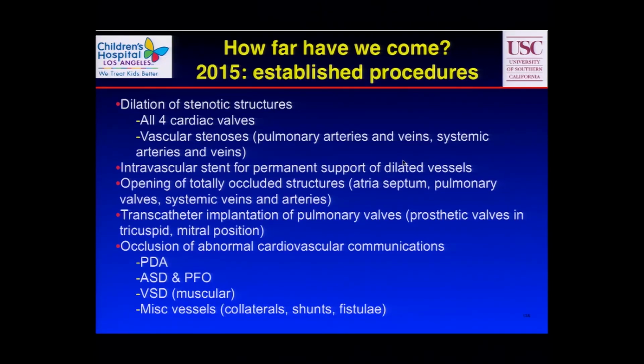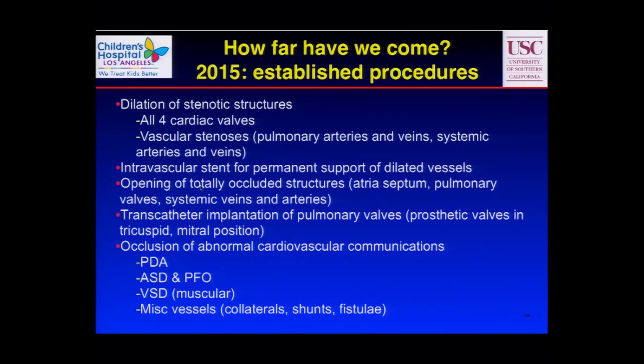We're now putting valves in all four valve positions, especially in the adult world with the aorta. For all the different vascular stenoses, the pulmonary veins and arteries, the systemic veins and arteries, we can do angioplasty and stent. We put in stents to permanently support vessels.